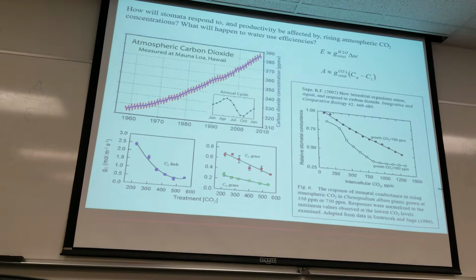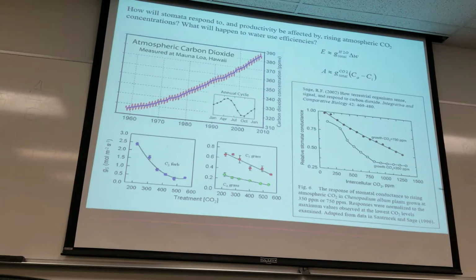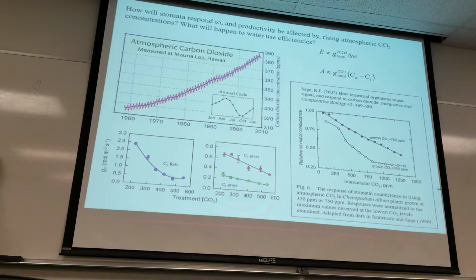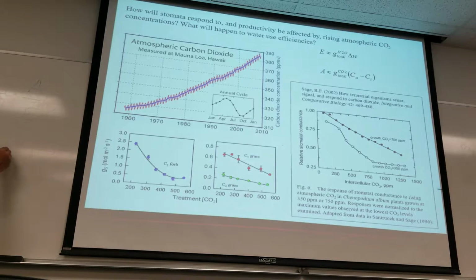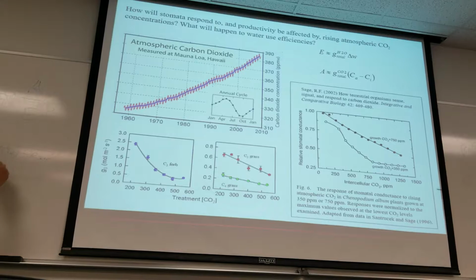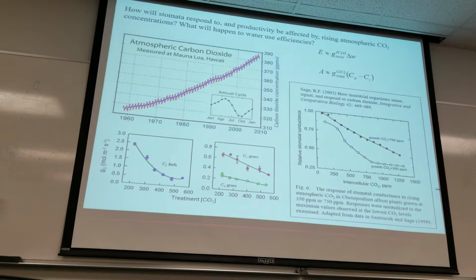Remember this equation, I just put it up there simply: the transpiration rate is the total leaf conductance for water vapor times the saturation vapor pressure at the leaf temperature minus the vapor pressure of the air, divided by the total pressure. That's what that delta W is.